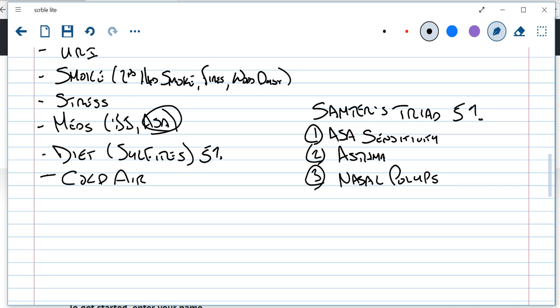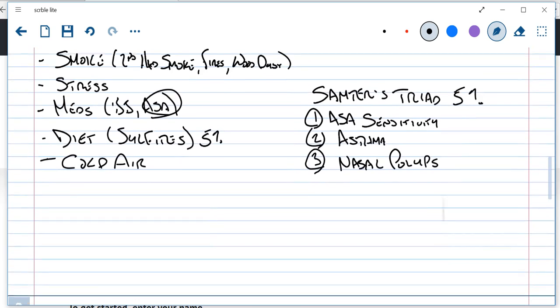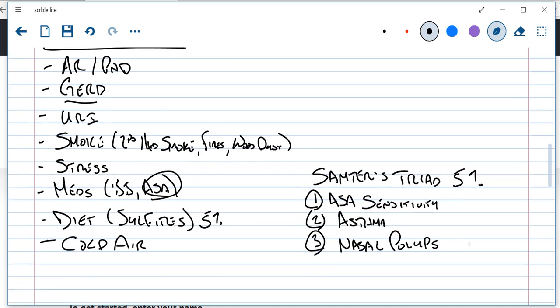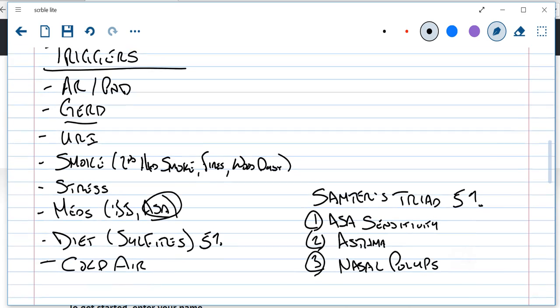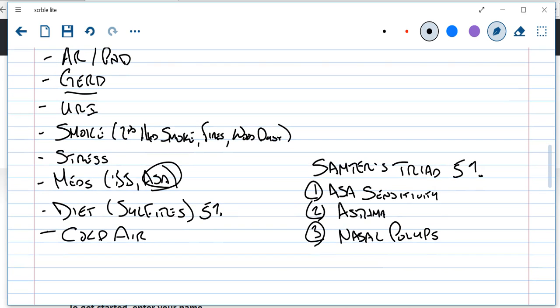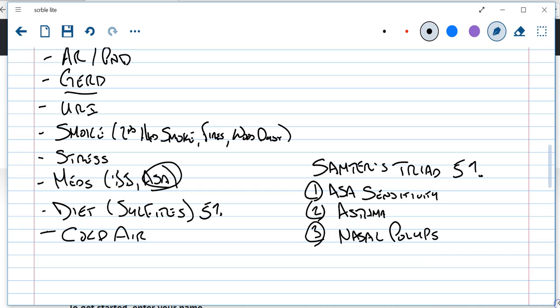That's something to know. So speaking of kids, what's different in terms of triggers and history, adults compared to kids? Well, a lot of this will certainly hold true for kids, with the exception of beta blockers and aspirin and the sulfites in the diet.